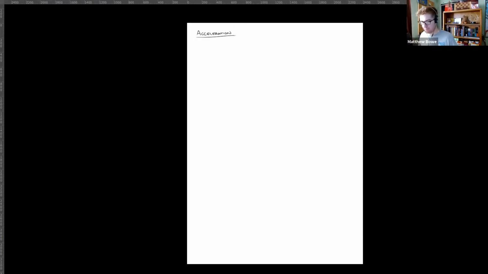All right, moving on to acceleration. This is a term that can be misused. Acceleration is not the same as velocity. Acceleration is the rate of change of velocity.